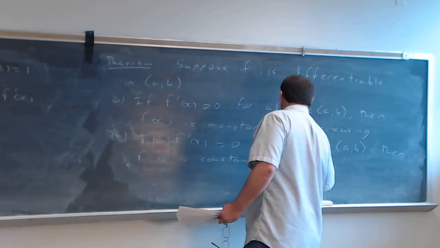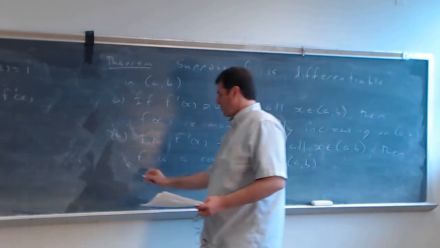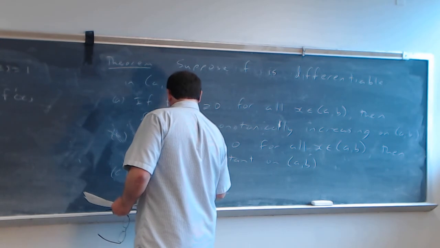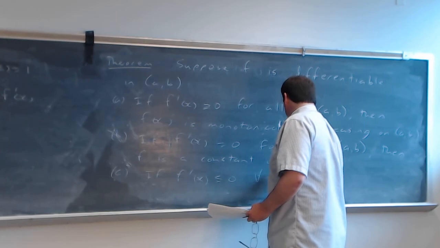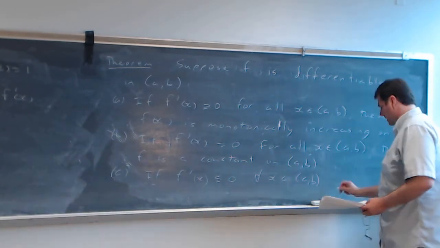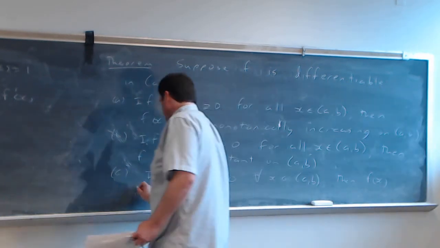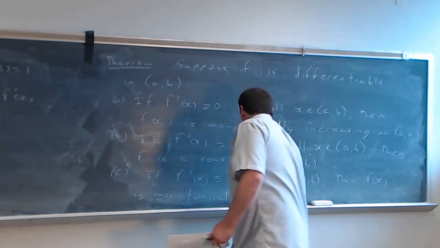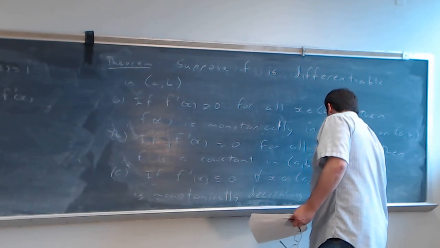We're talking about on A to B. This is increasing on A to B. And part C says if f prime of x is less than or equal to 0, for all x element of A to B, then f of x is monotonically decreasing on A to B.